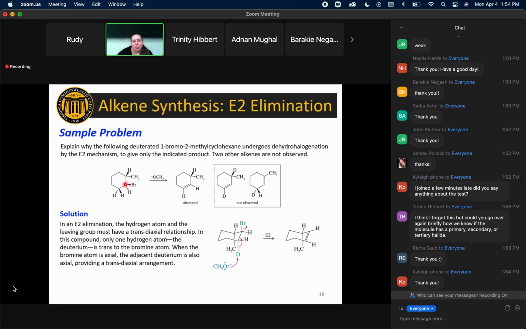So in this example here, if we look at this carbon atom that has the halogen attached, that carbon atom has carbons at 2 positions. It's attached to 2 carbons. That makes it a secondary carbon, which makes this a secondary halide. And you can go back and review that in the slides from the first lecture on chapter 7, which should have been on Wednesday of last week.